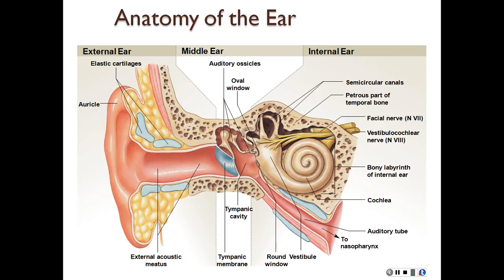If the pressure is different on one side or the other, that's what the popping of the ears is. Because there's a difference between atmospheric pressure out here and the pressure in your inner ear.